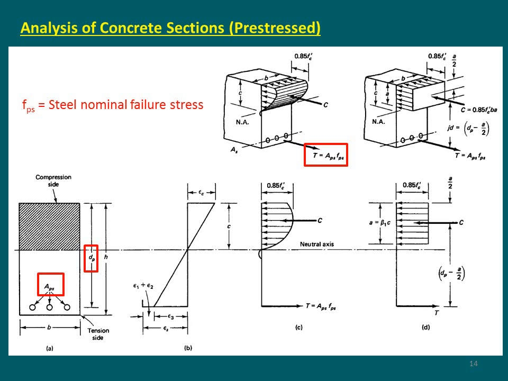So again, differences between pre-stressed beam and non-pre-stressed beam is going to be the definition of dp, depth to the pre-stress, and Aps. And the remainder of the analysis is going to be very similar to that of the conventional reinforced concrete design. Excuse me for that.